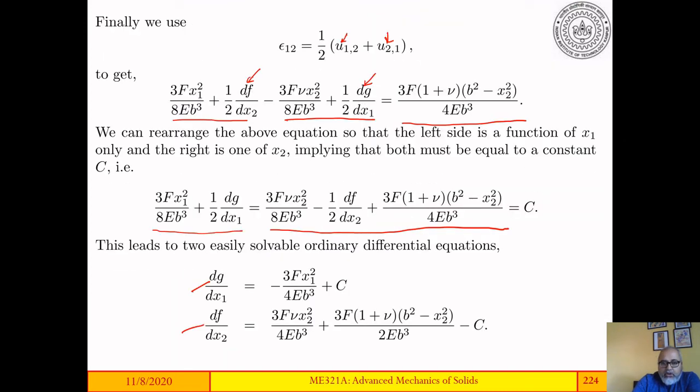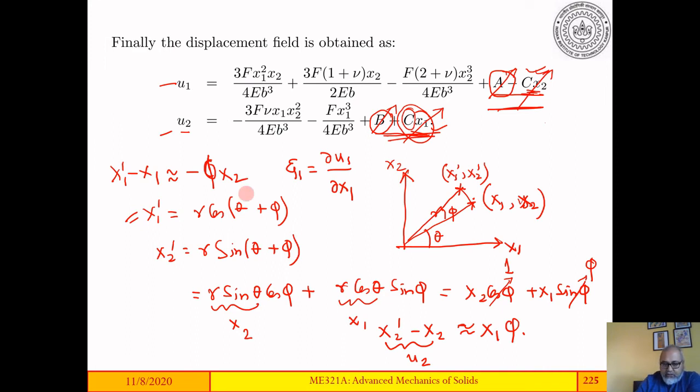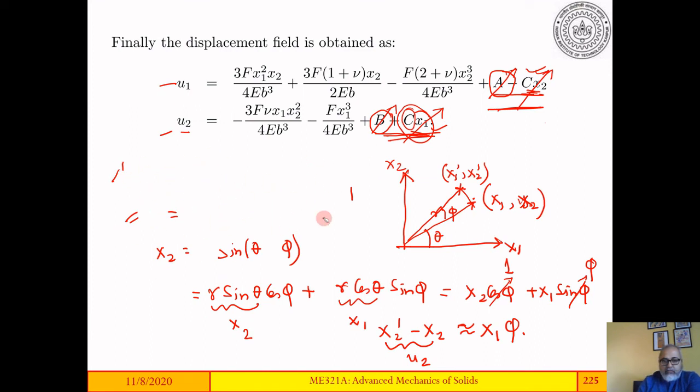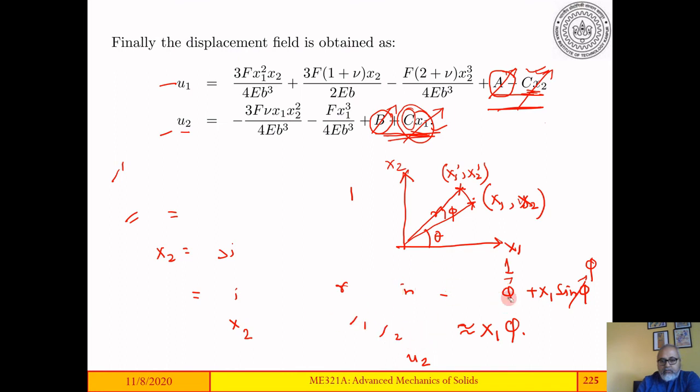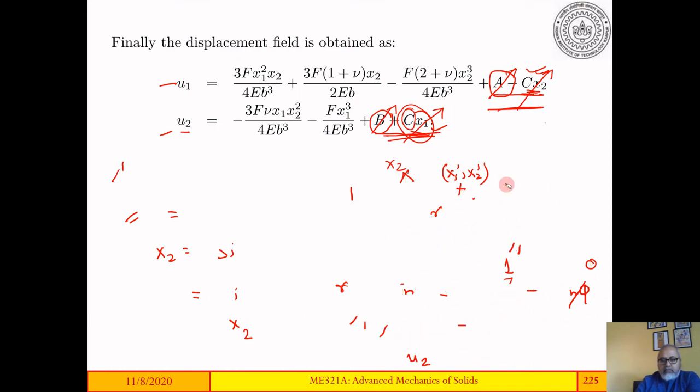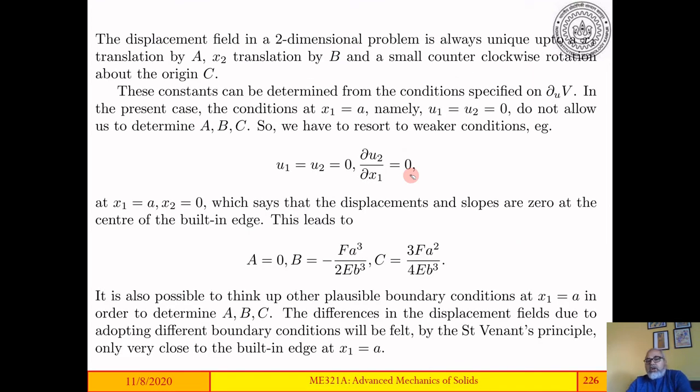Okay, so now the question is, what kind of boundary conditions do we use? So I have to determine A, B, C.